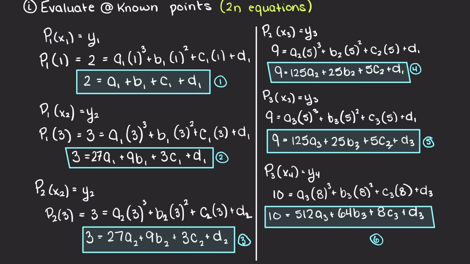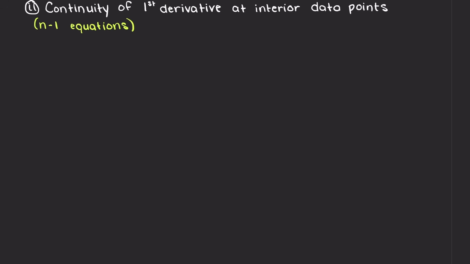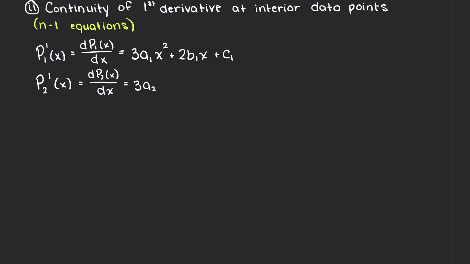Secondly, again as we learned in the cubic spline interpolation theory video, we can find n-1 equations through the property of smoothness at our interior data points through equating our first derivatives, which in this example will give us 2 more equations as we have 2 interior data points.